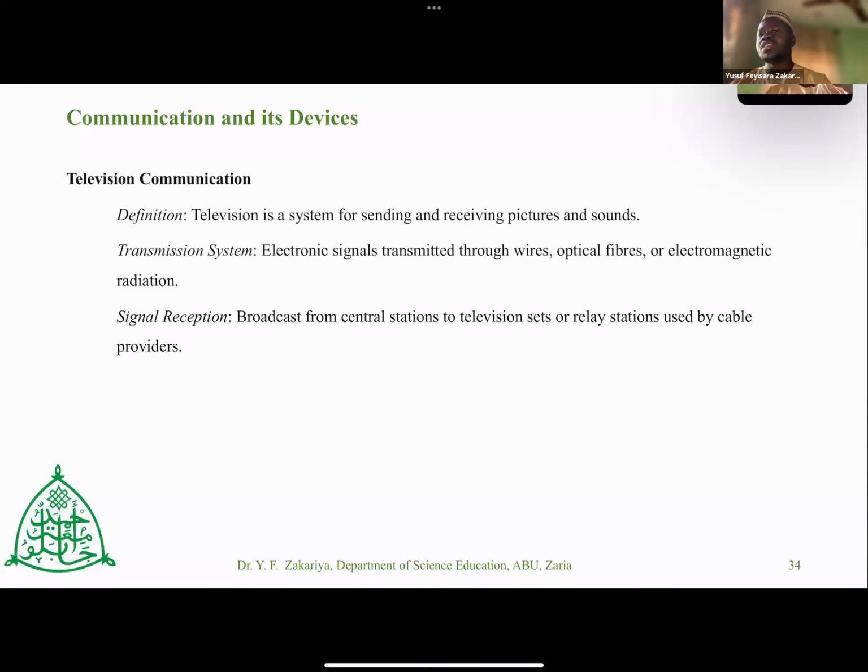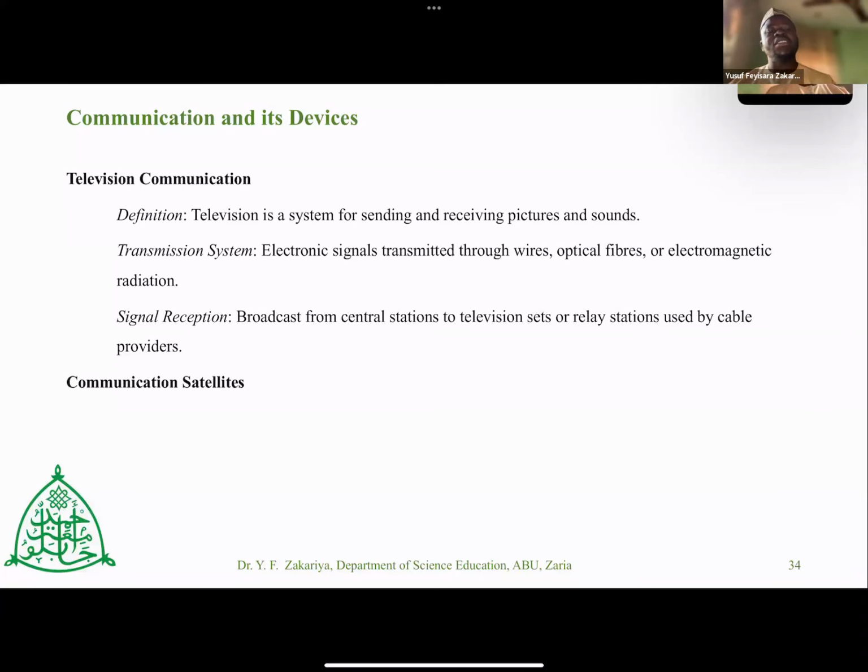Then the signal reception is broadcast from central stations to television sets or relay stations used by cable providers. Like for every TV station, they have dedicated offices in Abuja or in Lagos or somewhere. Like NTA, I think they have offices in all the 36 states, including FCT. These are their central stations through which they broadcast their programs to people to see on the television.